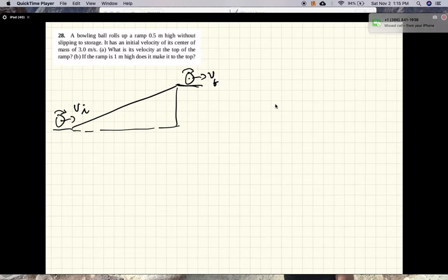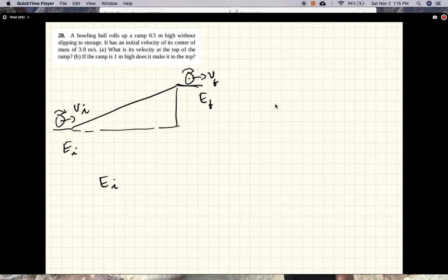All right, so in this problem, we'll use energy conservation principles to solve it. At the bottom it has translational kinetic energy and rolling kinetic energy. At the top it has potential energy, translational kinetic energy, and rotational kinetic energy.